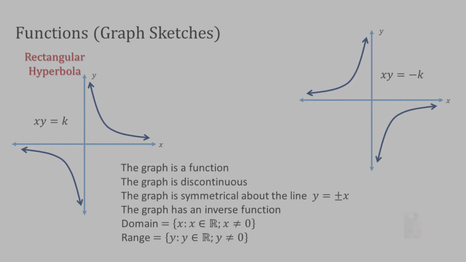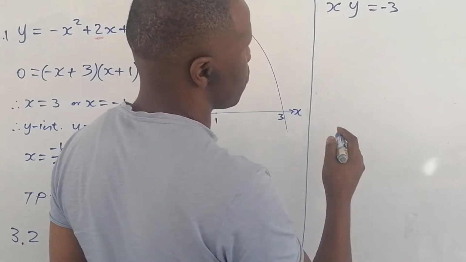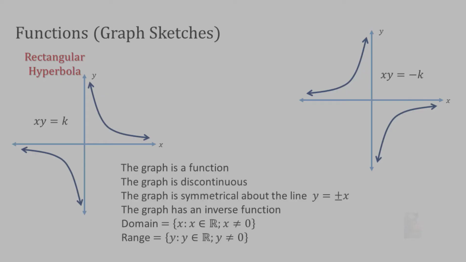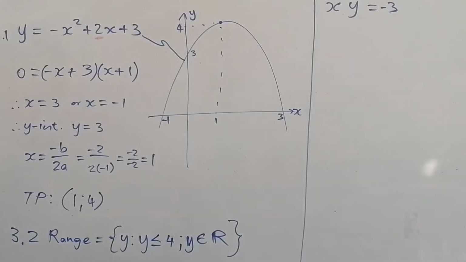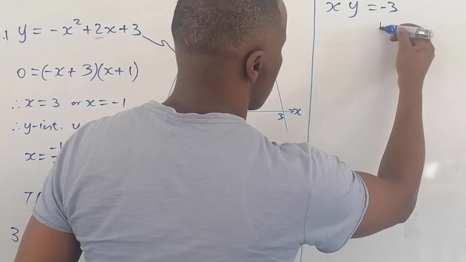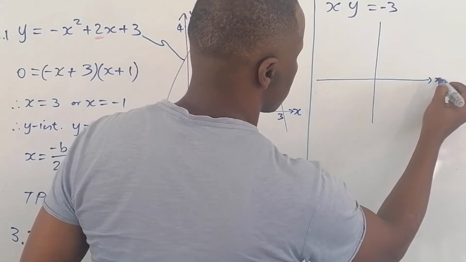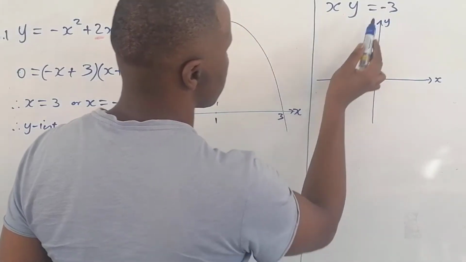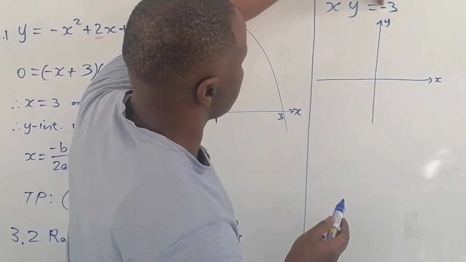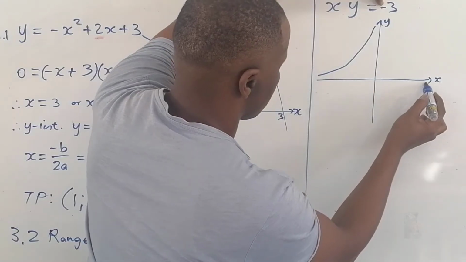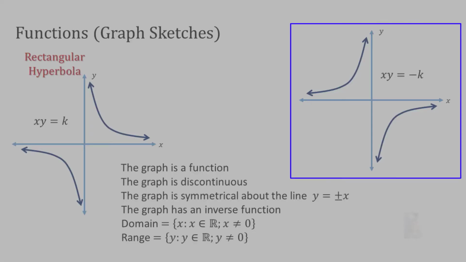The next question says, sketch the graph of xy is equal to negative 3. The moment we have that negative 3, we know that this is a negative hyperbola, because that is a form of a hyperbola. The rectangular hyperbola that is negative will only be on the second and the fourth quadrant, and we will draw it like this. Then it is broken, or discontinuous, because you cannot draw it without lifting your hand.